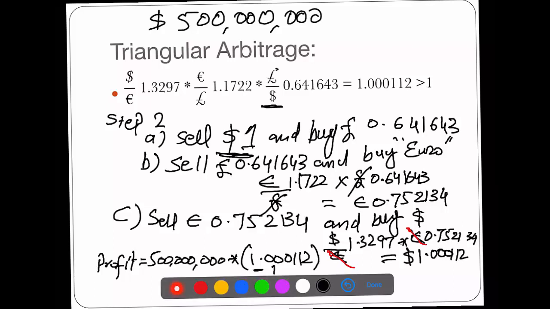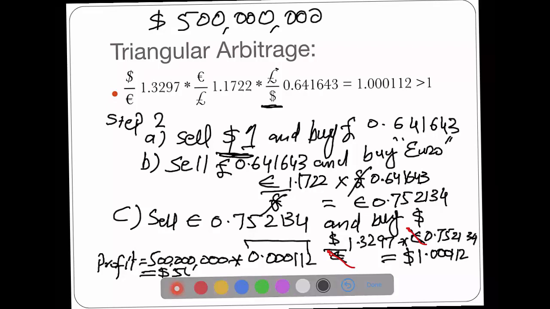So this will generate your profit on the 500 million. I'm just now writing the profit amount, multiplied by 0.000112. This is the profit on 1 unit. On 500 million units, if we do the calculation, it is roughly $56,000. So this is the riskless profit.